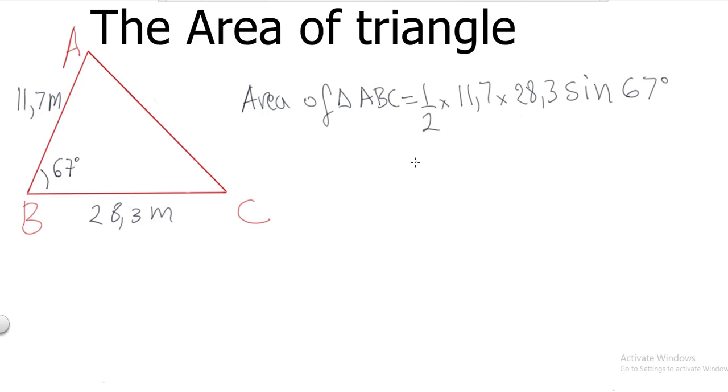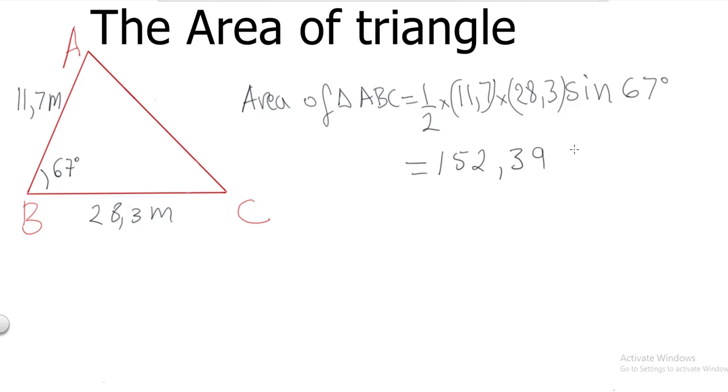Okay, so then the answer, when you use your calculator, you say 1 over 2 multiplied by 11,7 multiplied by 23. We can do it like this so you can understand also. The answer will give you 152,39.